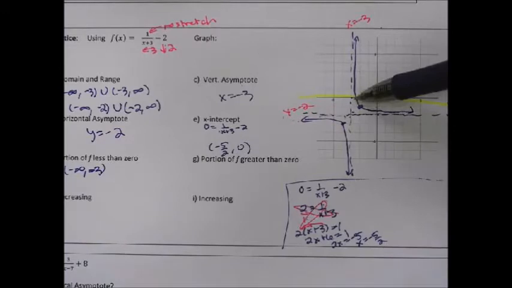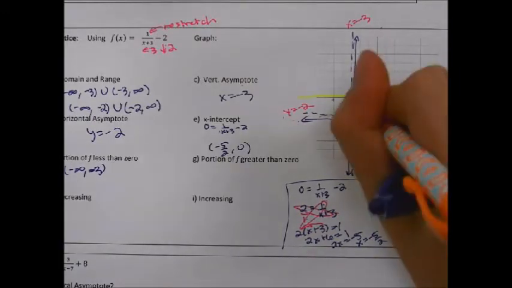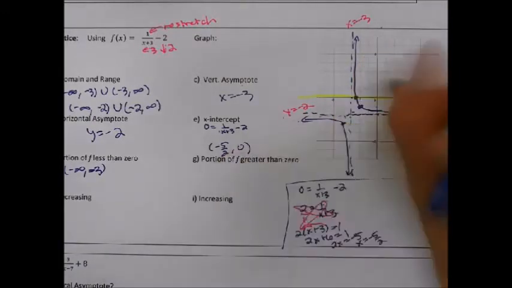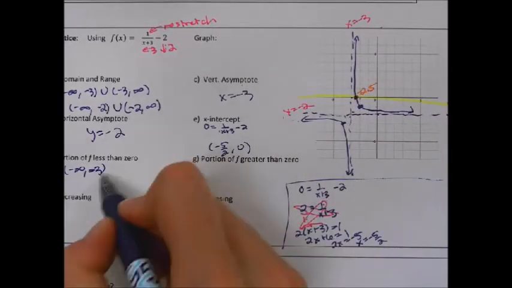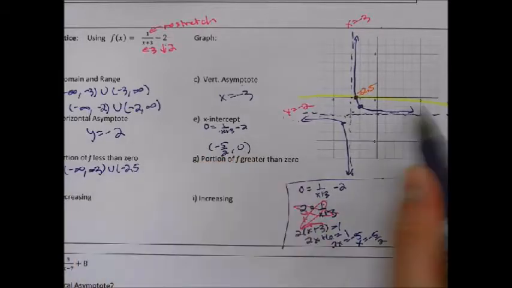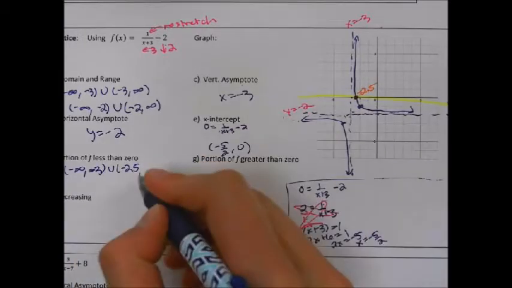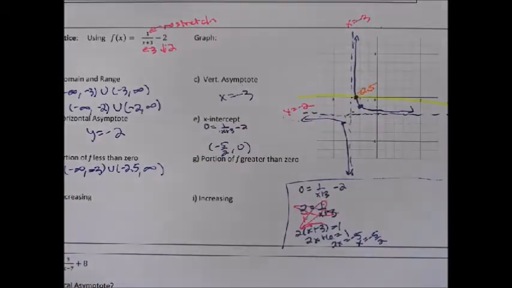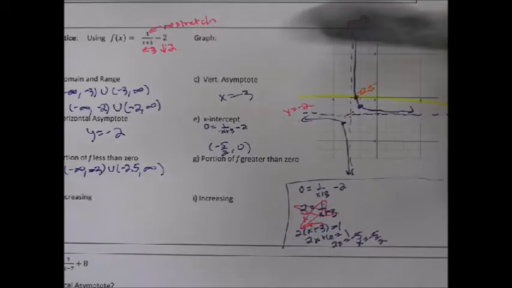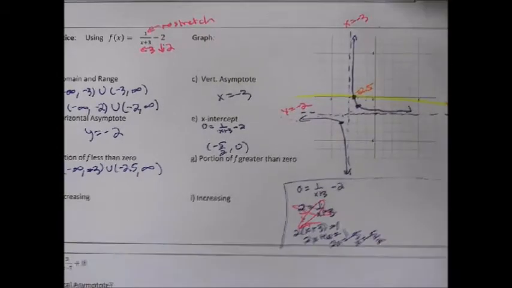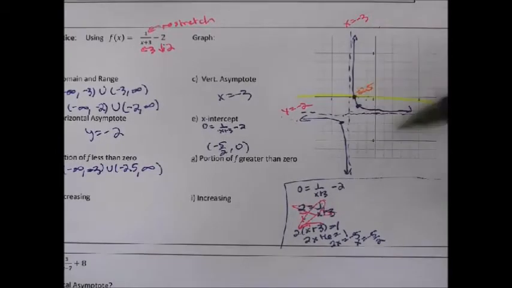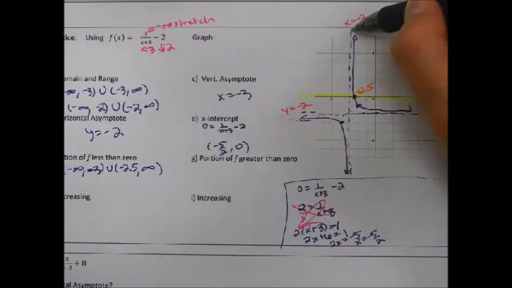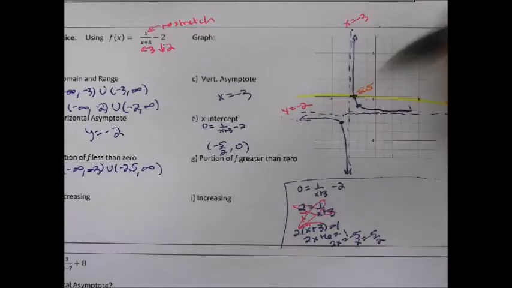But then we notice that this little piece is also below. So we have to pick this point, and what's that point? That point is the x-intercept, negative 2.5, to infinity. All right, now when are we greater than 0? So when are we above the x-axis? Well, that's just this little chunk here. And that's between negative 3 and negative 2.5.